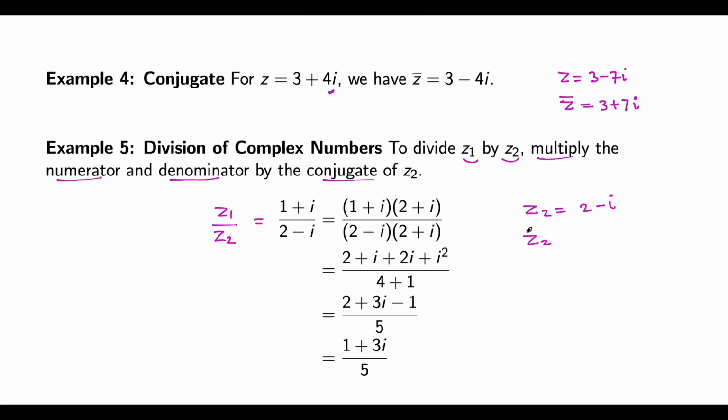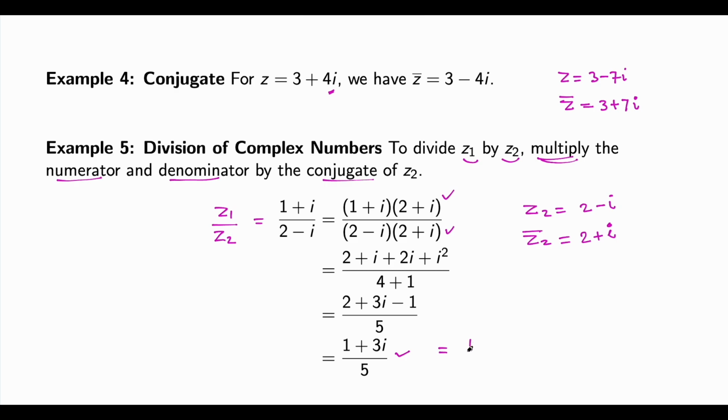So conjugate of z2 is 2 plus i, right? So you multiply the numerator and denominator both by the conjugate of z2, and then you know how to do the multiplication. Use the multiplication to get the resultant value.